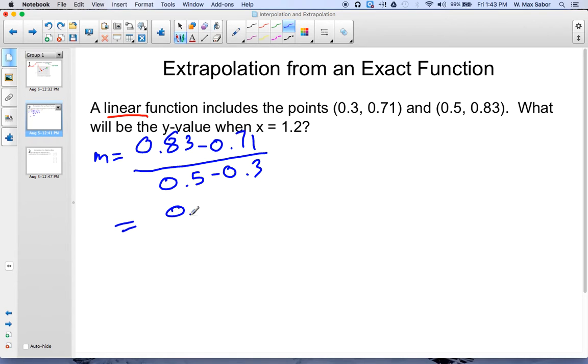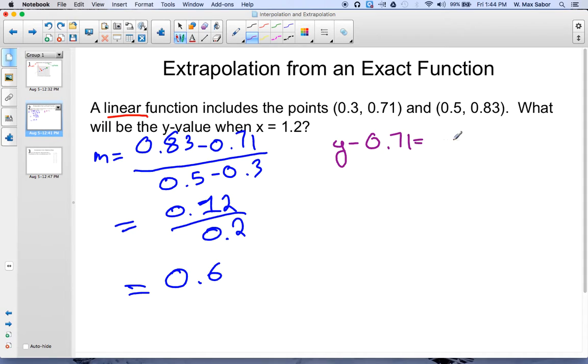So, the slope formula. We have 6/10ths as the slope, and that means that our equation is y minus 0.71 equals slope times x minus 0.3.